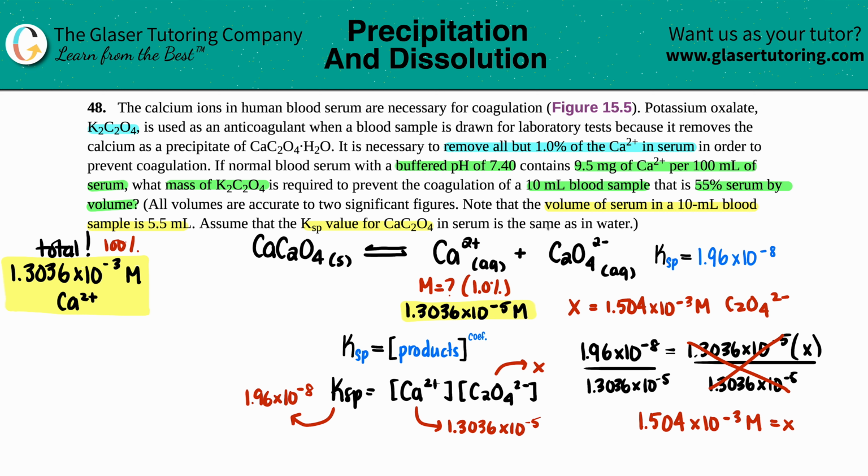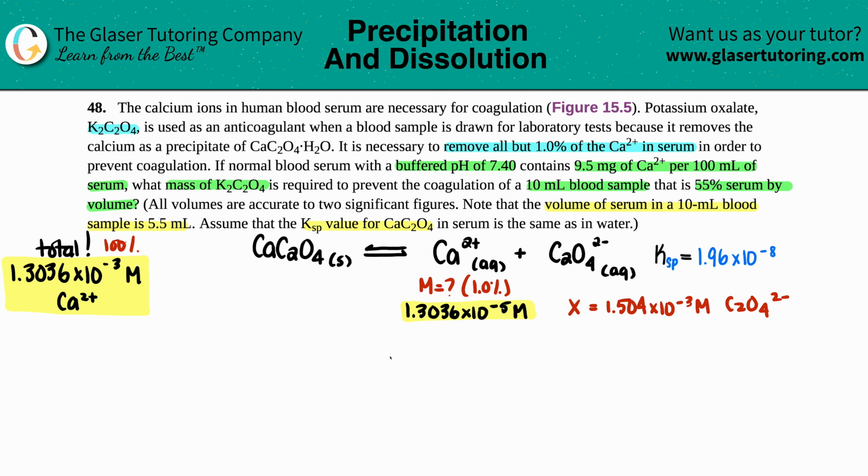Okay, so now we need to account for all of the molarity that was used for the C2O4. So pause the video if you need to write down this amount, but basically we're done with this calculation, but there's a few other things we have to do in order to get the final answer. So this is going bye-bye.